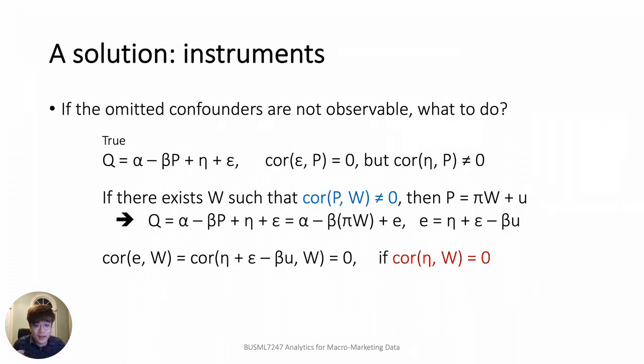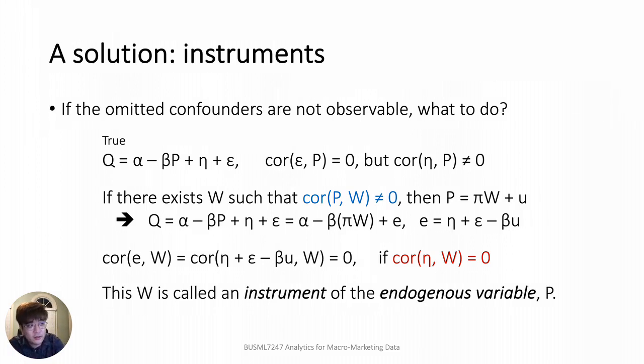Epsilon is the uncorrelated pure error, so it is uncorrelated with W. And U comes from the regression of P on W, so it is also uncorrelated with W. Then, if the omitted variable eta is uncorrelated with W, then the error E in the new equation becomes independent of W. So, if there exists a variable like W, which is correlated to P but not correlated to the omitted eta, then the variable is called an instrument of the endogenous variable P.